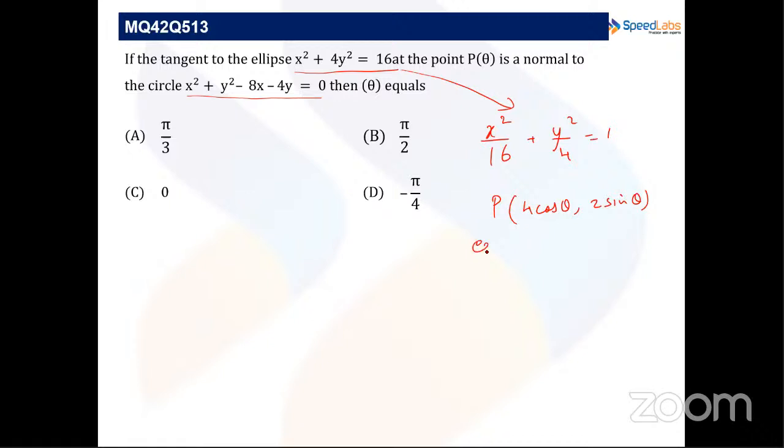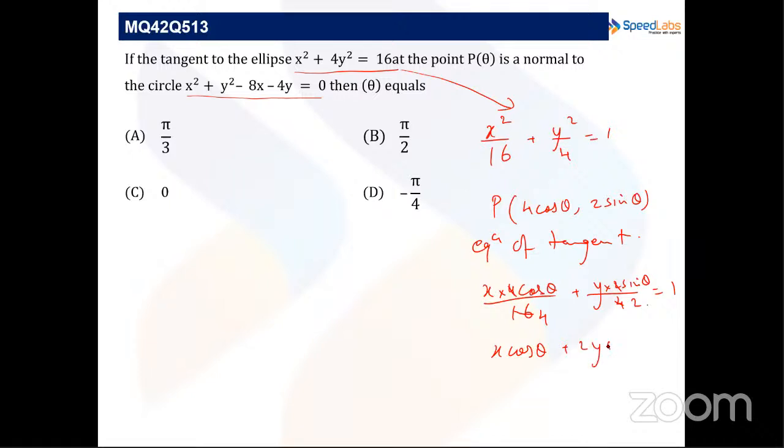So the equation of tangent will be obtained by replacing x square by xx1 and y square by yy1. So our equation will be x cos theta plus 2y sin theta equals 4.